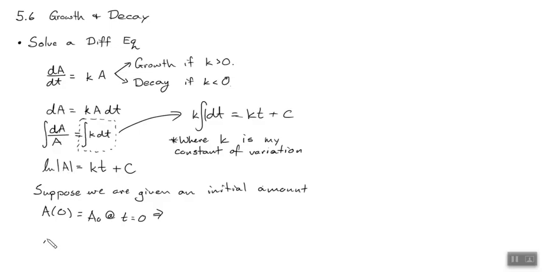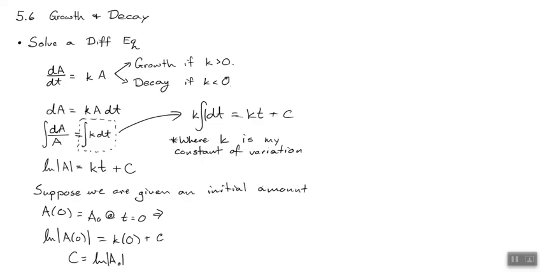If I did ln of A of 0, well, that would just be equal to k times, what am I plugging in for that t? 0 plus c, and I can see that c is the natural log of A sub 0. Everybody okay with that? Which tells me c is equal to the natural log of, and I'm just going to call it A sub 0 instead.